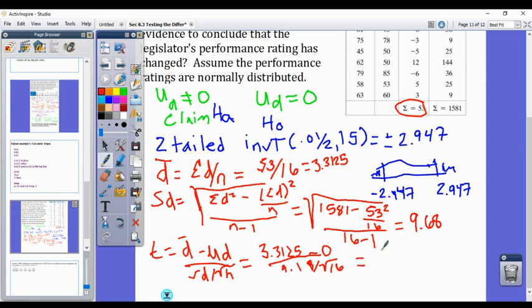All right, so we're getting a t-value of 1.369. Okay, so where is that on my chart? It is here. So is that in the rejection region? And the answer is no. So we're going to fail to reject.